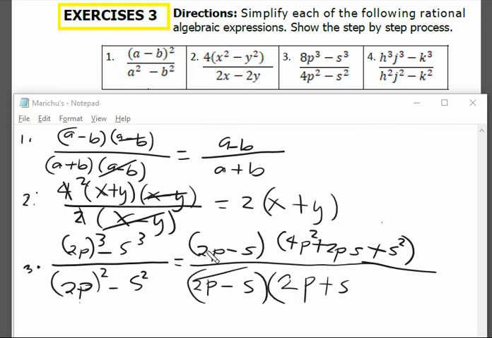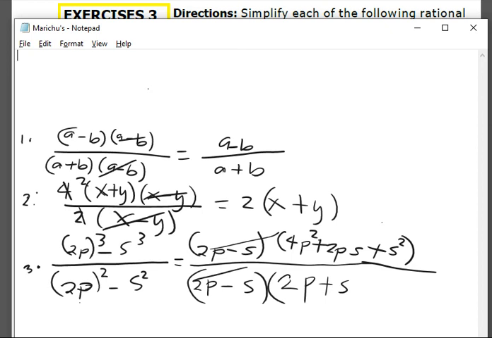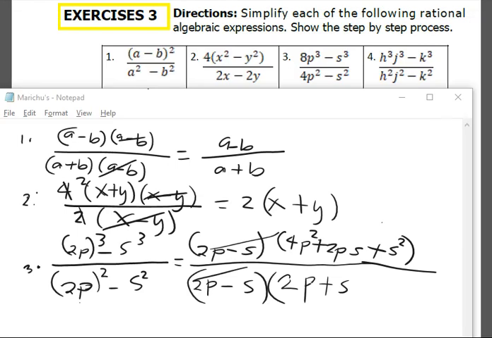We can cancel this out, and what is left is, wait, let me have some space for the notepad. There. Okay, so let's continue.